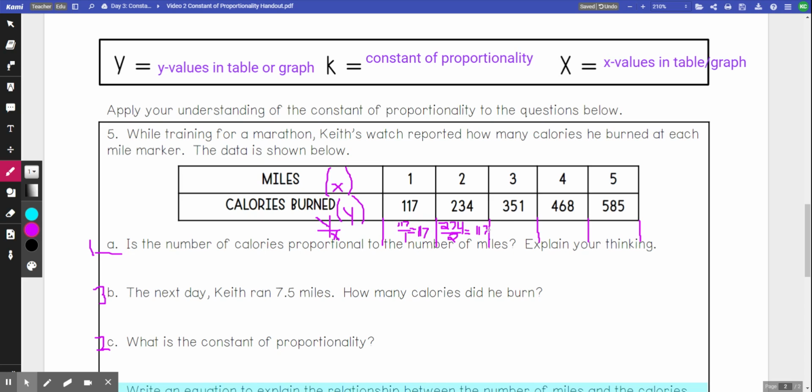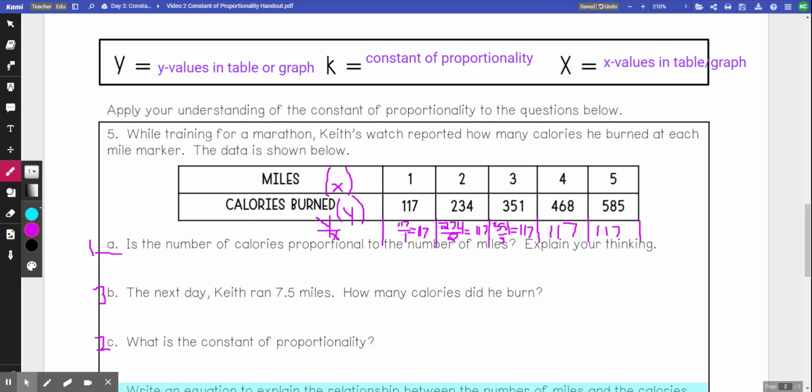So let's check it. 351 over 3. Do the division, and you'll see it simplifies to 117. 468 over 4, which would be 468 divided by 4, simplifies to 117. 585 divided by 5 simplifies to, shocker, 117.